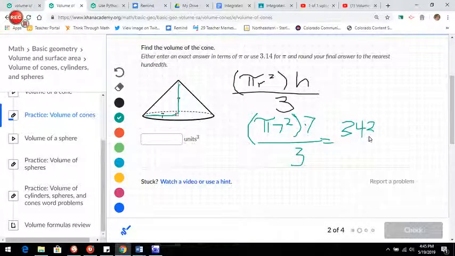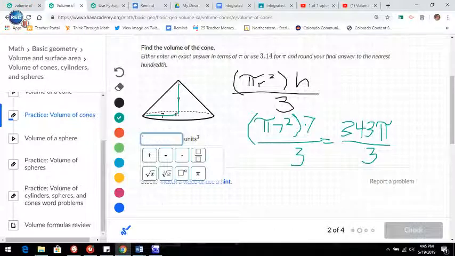So I get 343 pi divided by 3. I did 343 divided by 3, and it's a decimal, and then I just did times 3.14.